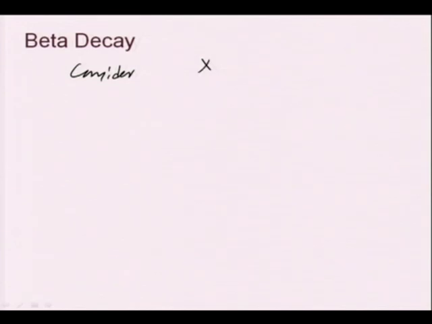All right. Now, let us consider X nucleus with Z protons and mass number A going into Y with mass number A and proton number Z plus 1, and an electron and an antineutrino. Now, let me look at Q beta, how to write this in this case.